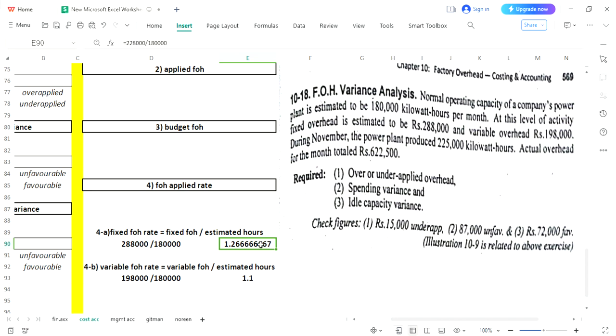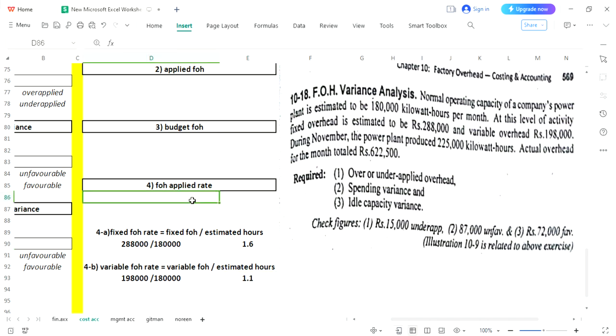So you are going to change it. 288,000 is the amount. It is a little bit easier for me. I can edit, but if we were doing it on paper, that would be quite difficult. You would have to cut it down. So here our fixed FOH rate has arrived and the variable FOH rate has arrived.